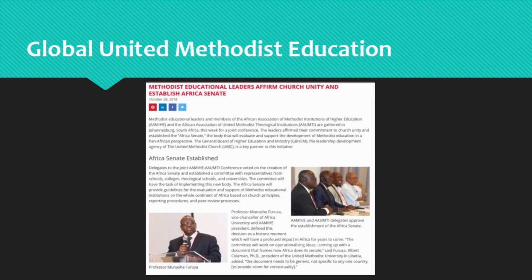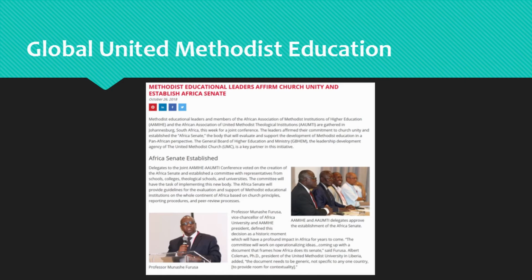The University Senate reviews and approves schools only in the United States. As the United Methodist Church's global presence increased, church leaders in education recognized that the standards and needs of educational institutions vary from the U.S. to other countries and parts of the world. This led to the organization of bodies similar to the University Senate for other regional contexts, starting with the International Association of Methodist-Related Schools, Colleges, and Universities in 1991, and exemplified most recently in the formation of an African Senate for Methodist Education in 2018.